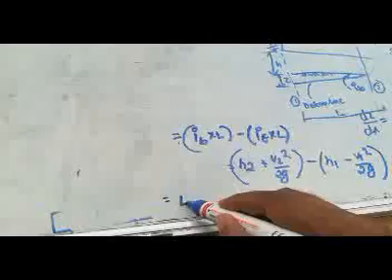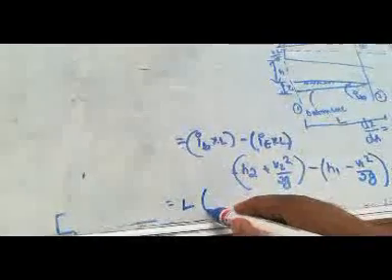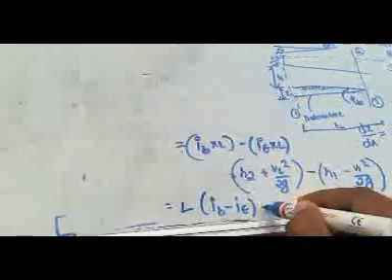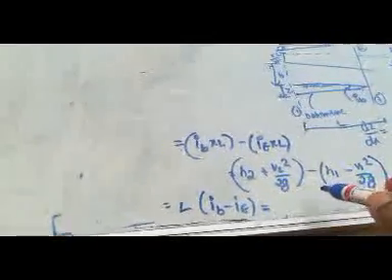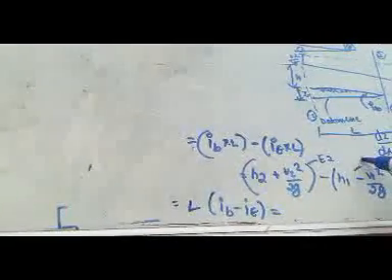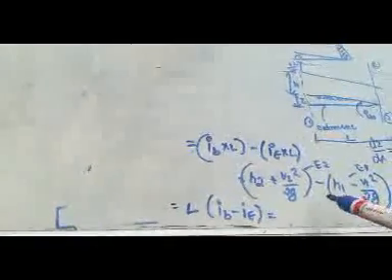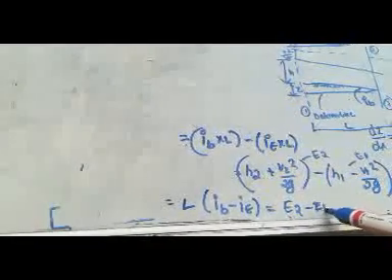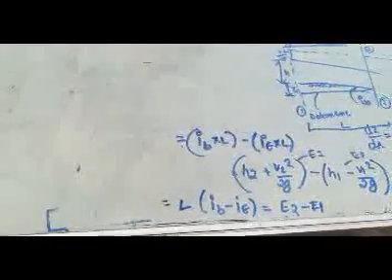So I can write L, this one I can write as L into IB minus IE common, is equal to this one, the energy at 2, and this one the energy at 1. So I can write E2 minus E1.